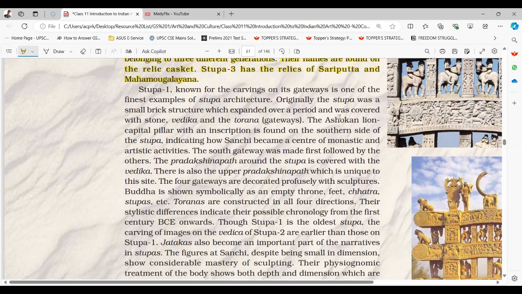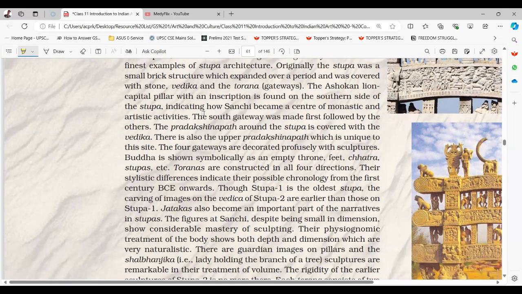The Ashokan lion capital pillar with an inscription is found on the southern side of the stupa, indicating how Sanchi became a center of monastic and artistic activities. The south gateway was made first, followed by the others. The Pradakshina path around the stupa is covered with the Vedika. There is also the upper Pradakshina path, which is unique to this site.